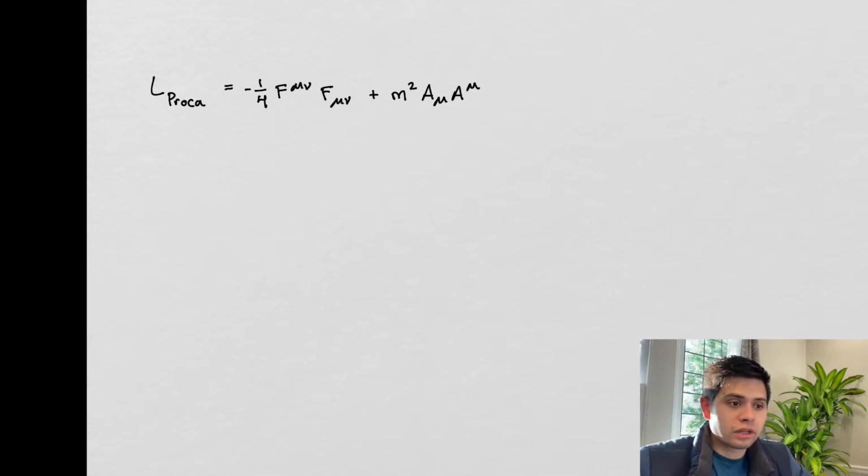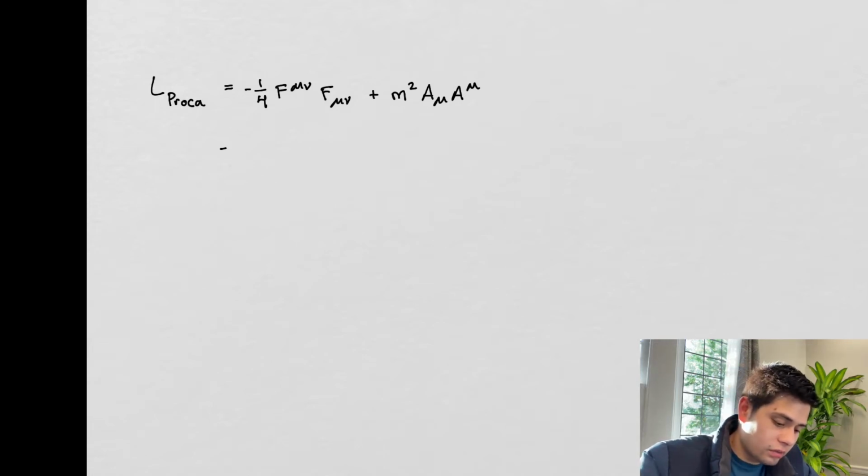But before we do that, we're going to try to rewrite this in terms of just A mu's, right? So we're going to try to get rid of our tensors. And in doing that, we're going to try to have everything just in terms of A, okay? So the first thing we're going to want to do is split this up.